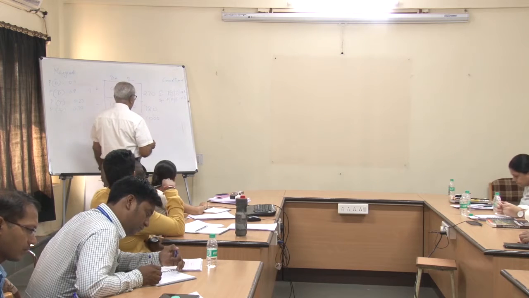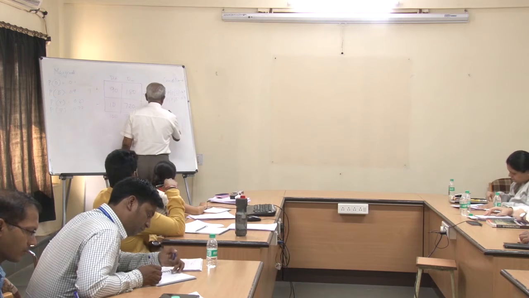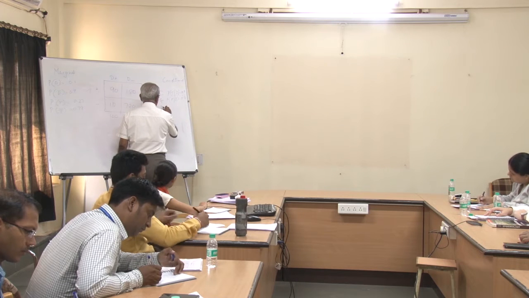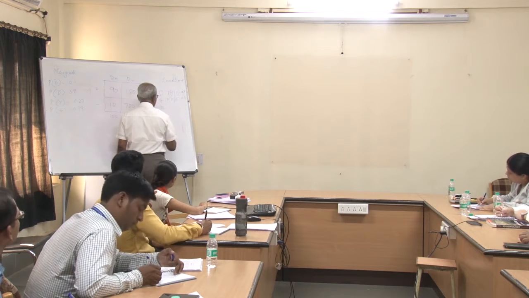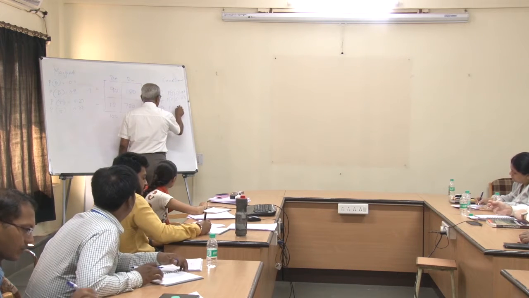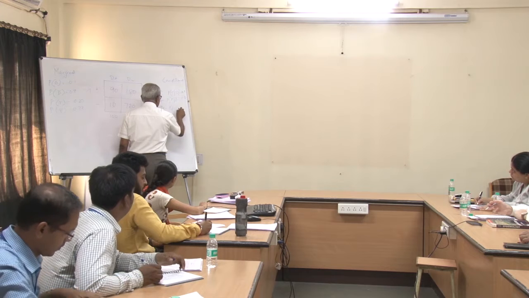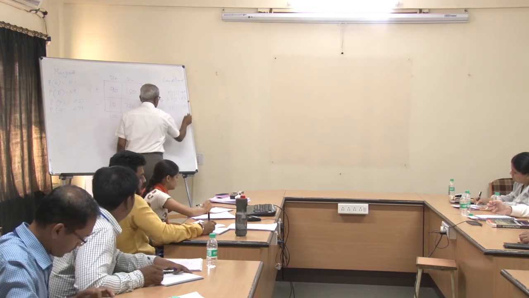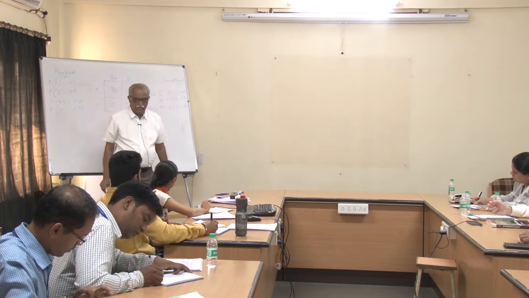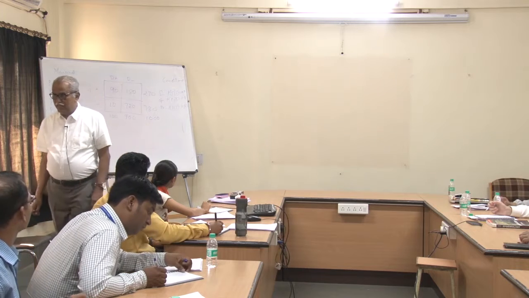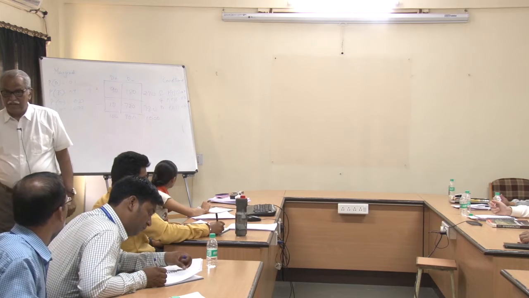We can also create another conditional probability called positive predictive value, which is equal to probability of disease given test positive. That is equal to 0.33. Can you see that also? Probability of disease given test is positive.